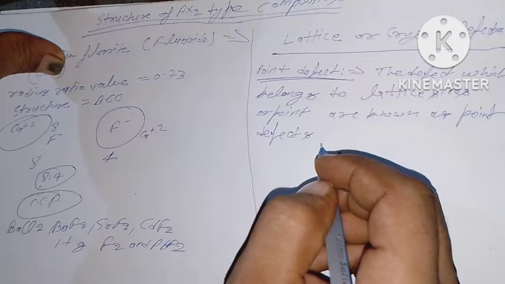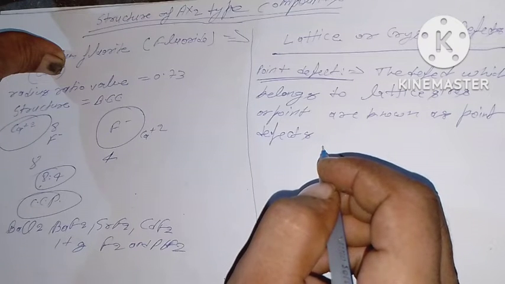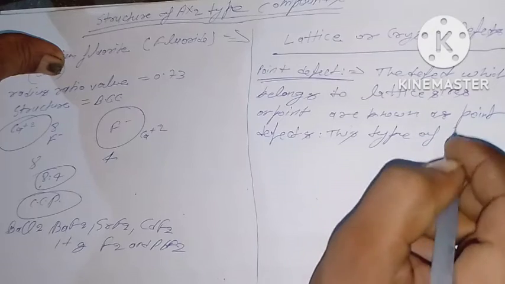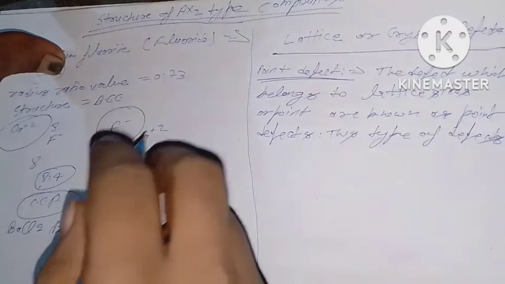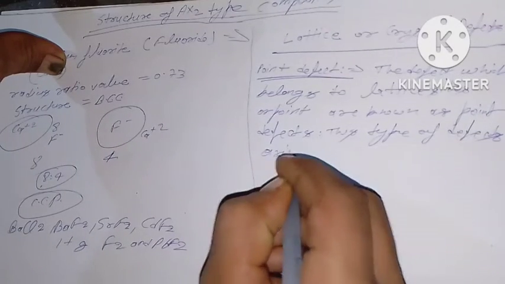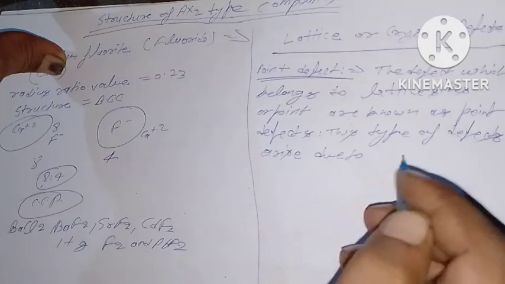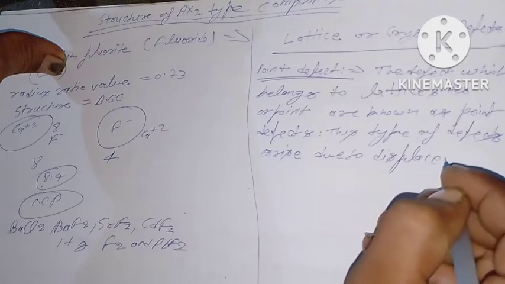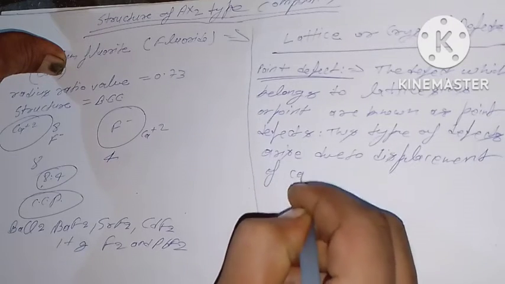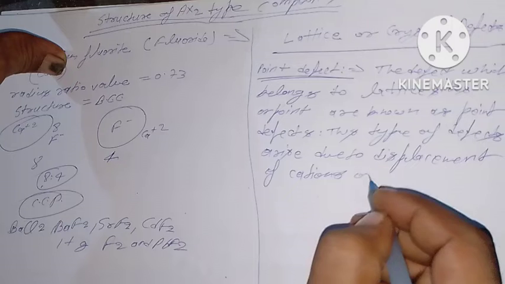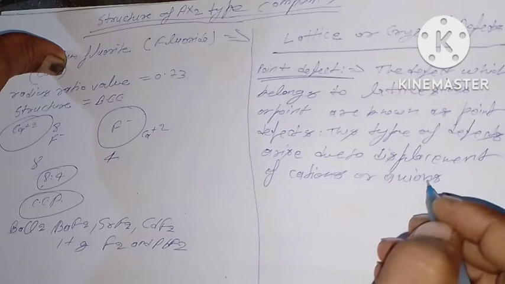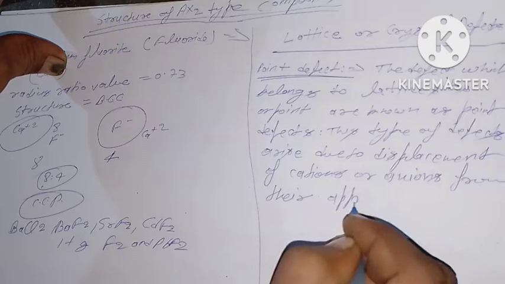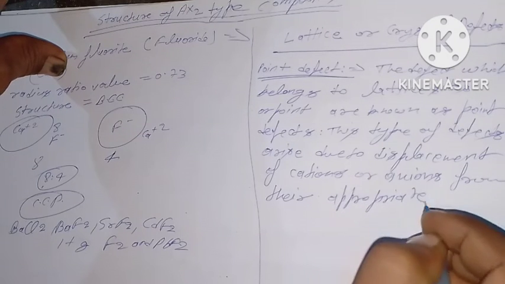This type of defect arises due to displacement of cations or anions from their appropriate sites.